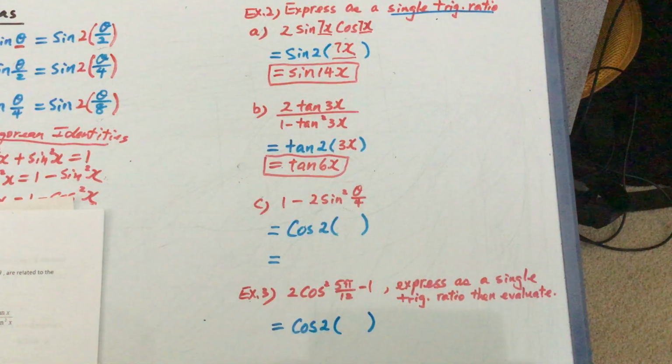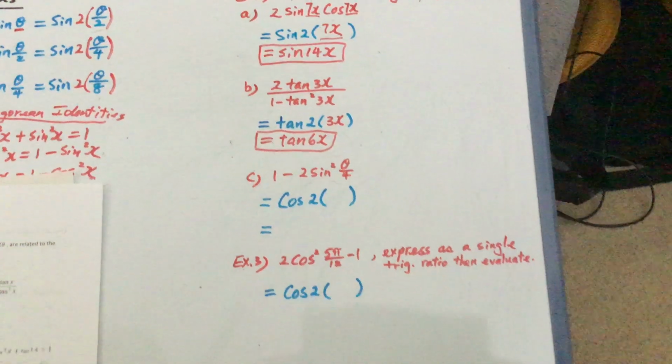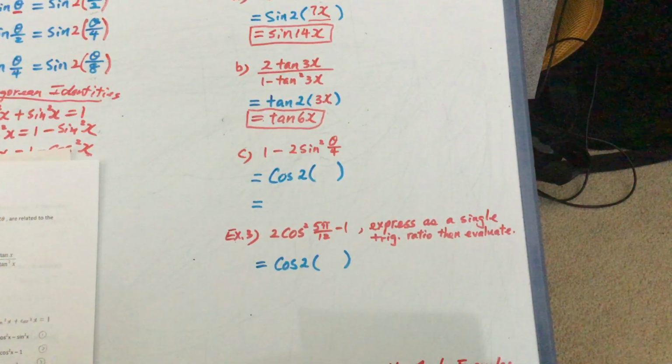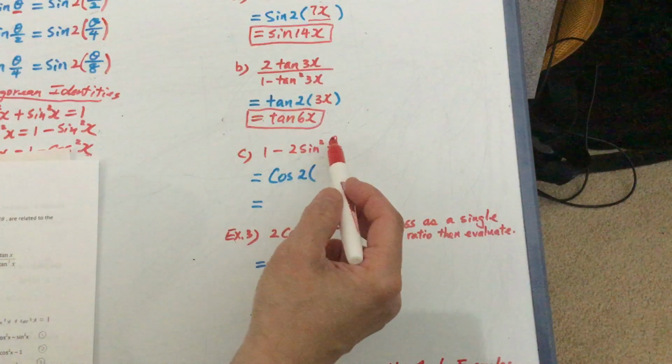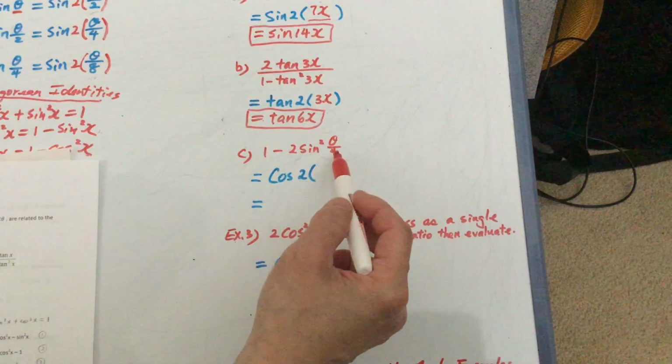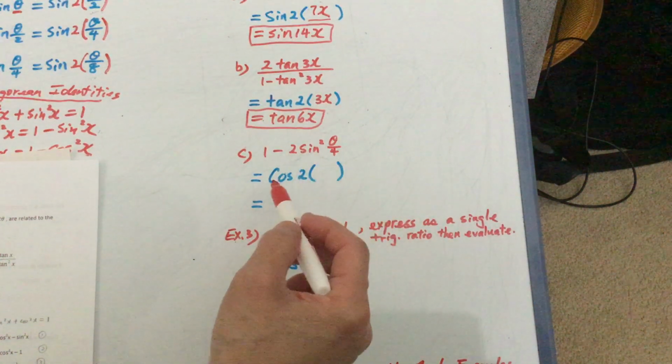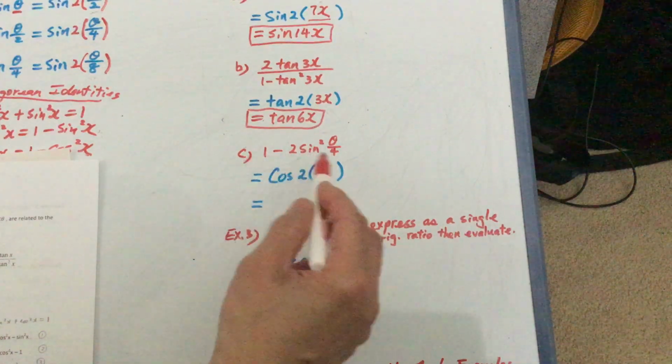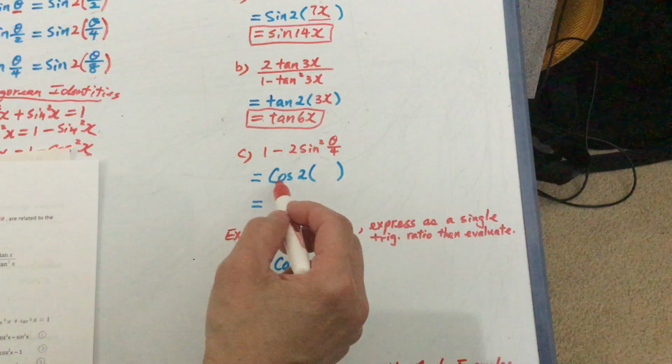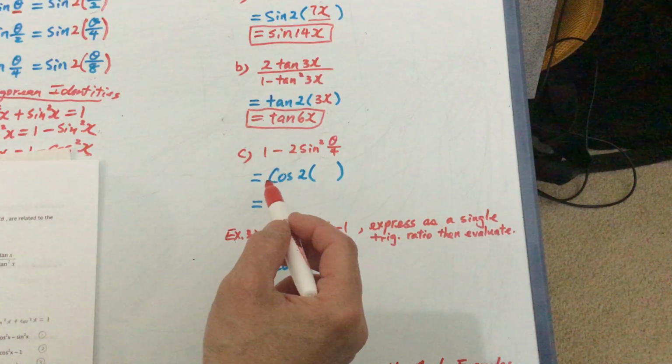And furthermore, C, 1 minus 2 sine squared theta over 4. Okay, now you know that this is one of the double angles for cosine.